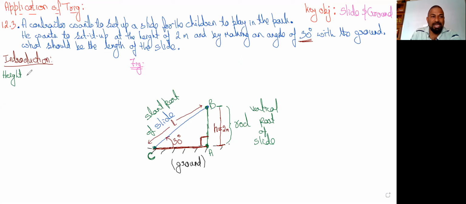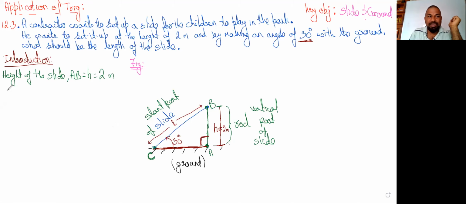Height of the slide, it's nothing but AB. First, we went for the sentence, height of the slide. We went for the labeling, AB, right? Then we went for the symbol, it's nothing but H. We went for the magnitude 2 and we went for the units, meters. These are all the 5 things.